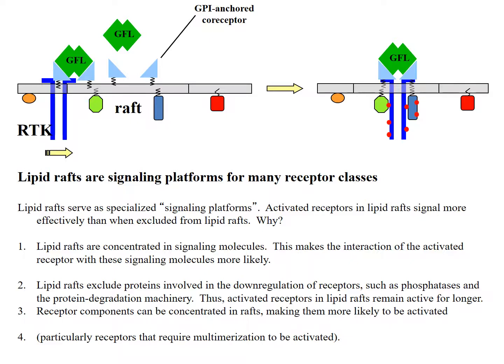These little red dots are phosphate. So you bind the target, the receptors phosphorylate themselves, so they autophosphorylate, and then that attracts other proteins in or near the lipid raft, and that starts assembling a signaling complex that sends the signal towards the nucleus here.